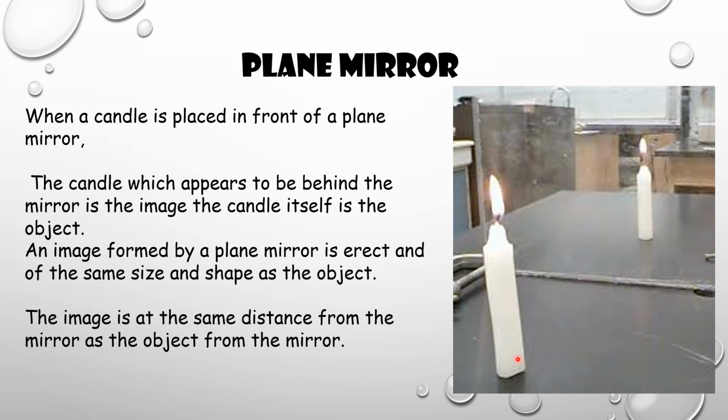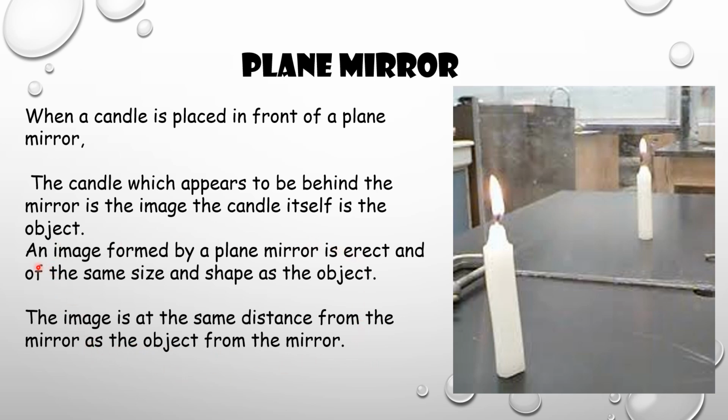See here, you can see the distance between the object and the mirror is only this much, and the same distance you can see here also, the same distance from the mirror to the image.